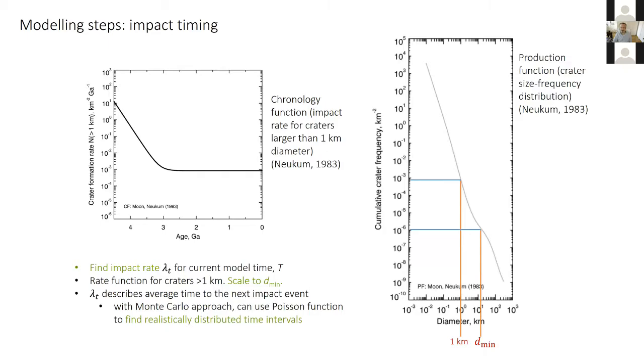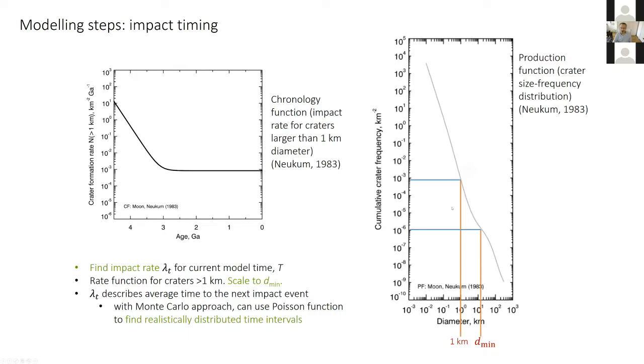These 2 plots that you see here, they're probably familiar. The one on the left shows the impact rate function from Neukum's 1983 chronology model. It shows that in the early times of the moon, the impact rate was much faster, and then it decays down to 3 billion years. It reaches a constant state and remains constant from thereafter.